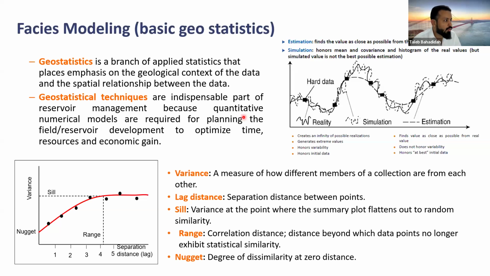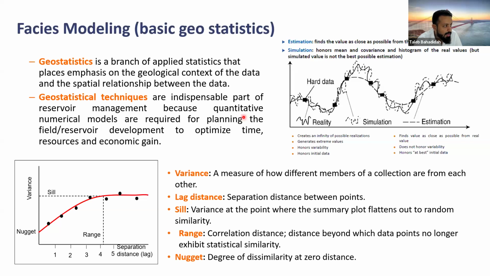That is why we use geostatistical techniques, a branch of applied statistics that emphasizes the geological context, using statistical tools such as the variogram and histogram to control the distribution of the property.